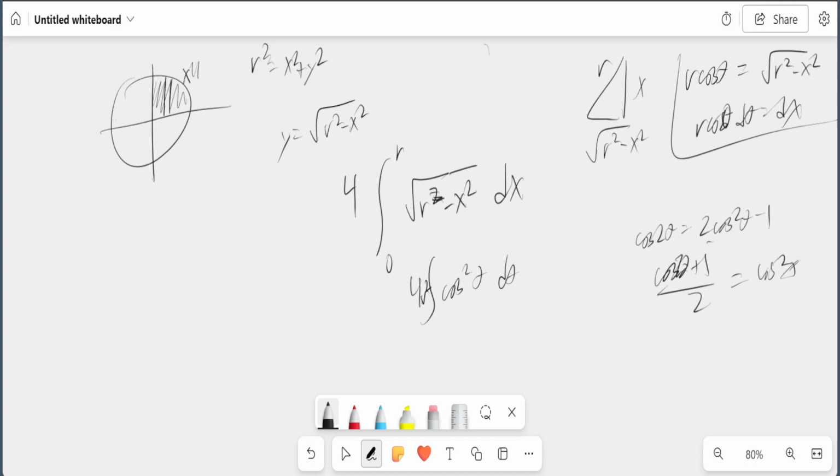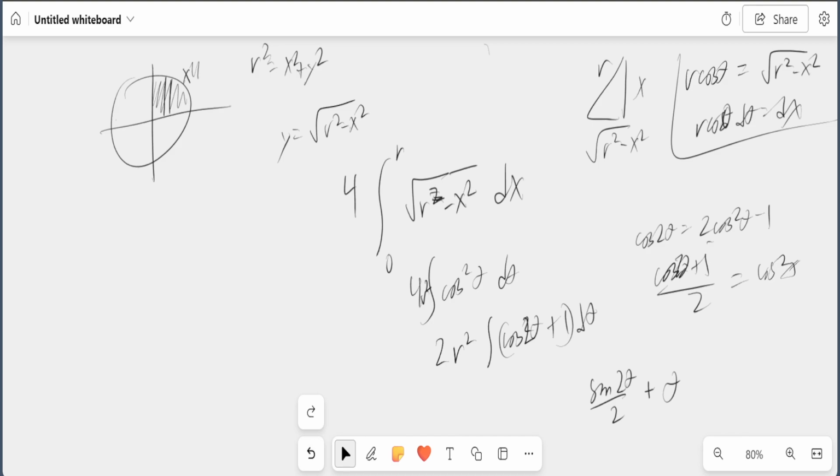So I'm going to put the 1/2 on the outside, so it's 2r squared cosine 2 theta plus 1 d theta. So this is sine 2 theta over 2 plus, this is a 2, plus theta from 0 to r. Oh, you need to convert this still.